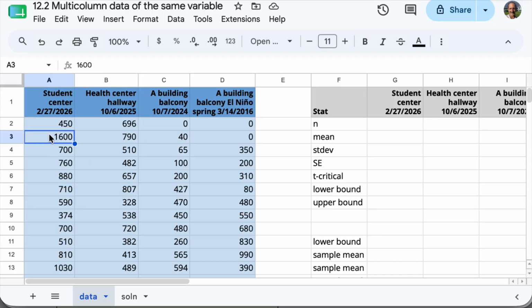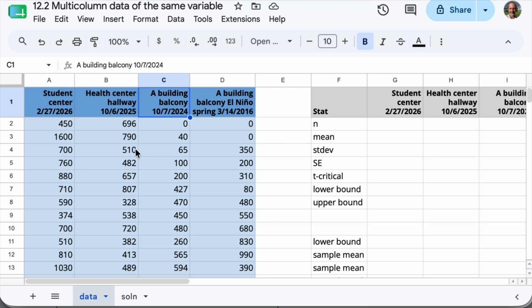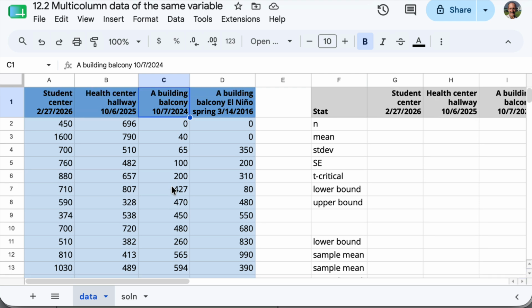So here I have 4 columns. Column A is distance that planes have flown from the balcony of the student center. Column B, the distance the planes have flown from the balcony, not the balcony, down the hallway of the health center. Column C are planes thrown from the balcony of the A building during the fall of 2024.